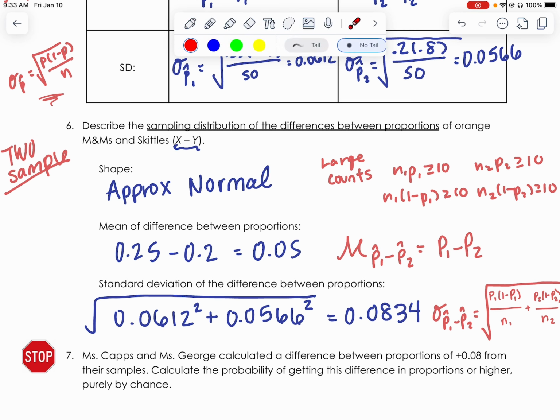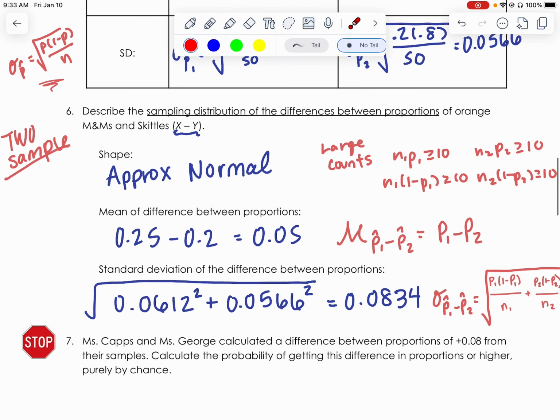And that's why when you put it under the radical in this formula, you only have the new square root. You don't have the square root for each of them. So I'm really plugging this formula in here, but when you square the square root, they cancel. So it looks like this, okay? Again, these formulas are on your formula sheet, so you don't have to memorize them.